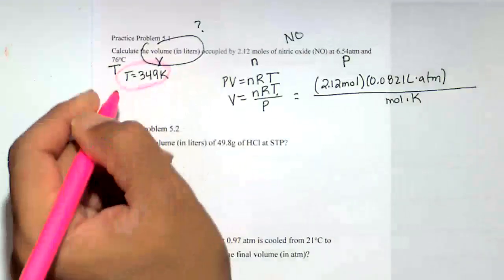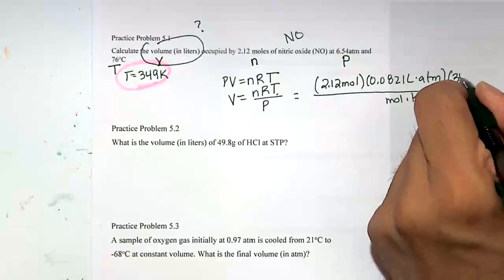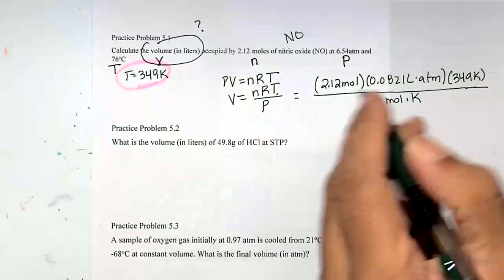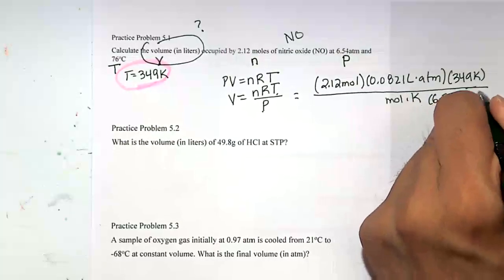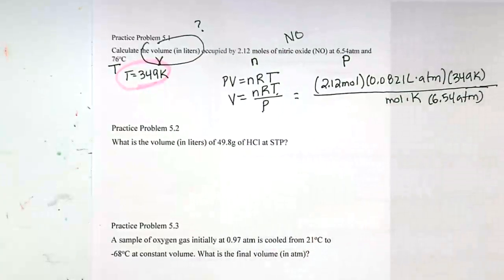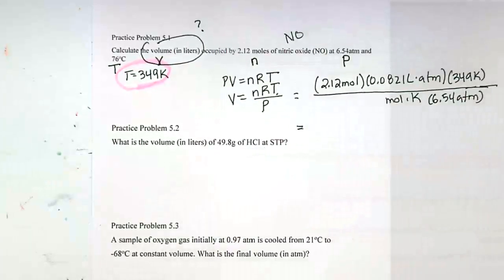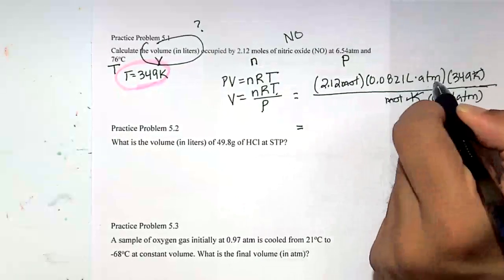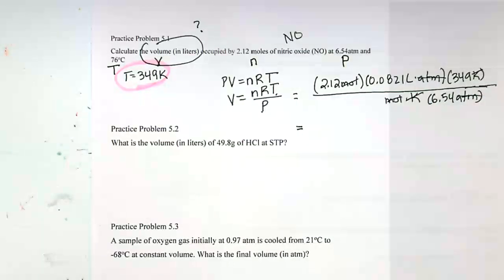So for that, we will add 273. And then pressure P is 6.54 atmospheres. So this is just plug and play. The moles cancel, the Kelvin cancels, the atm cancels.